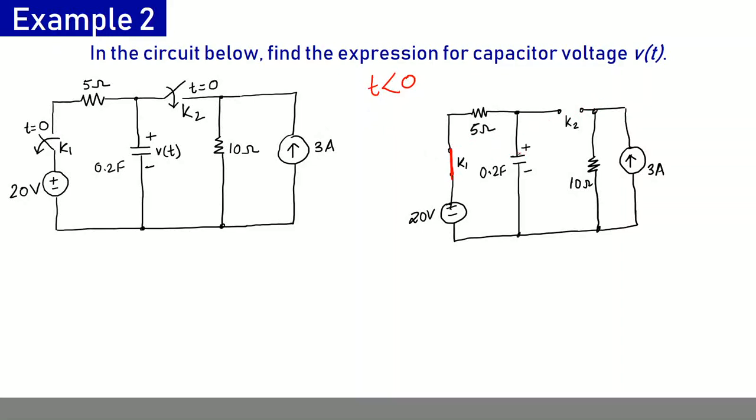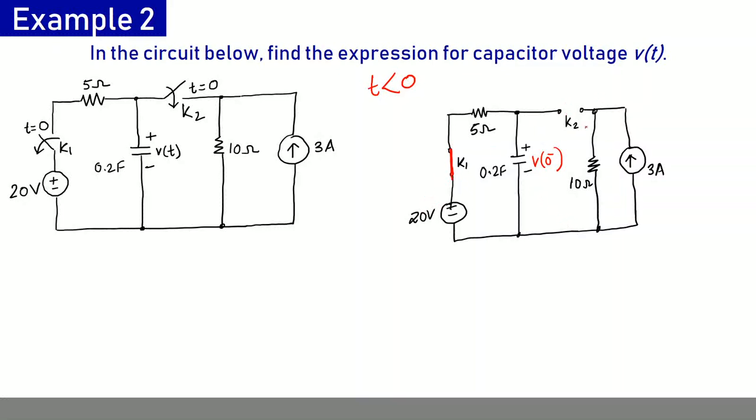This capacitor, because this condition was left for a long period of time, charged to whatever voltage was possible, and it is now in its steady state. So I am calling this voltage V0 minus. Rest of the things are in their place as they were.